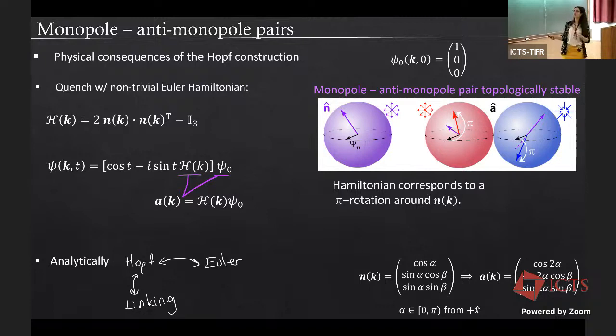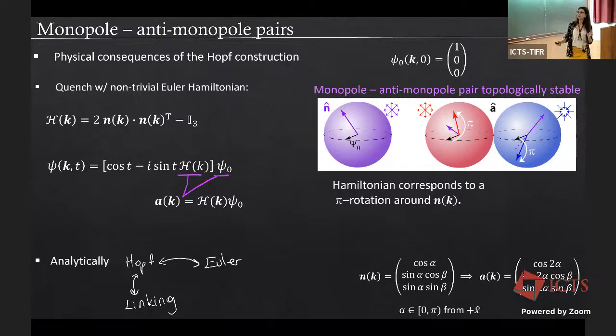When I quench it, this state is going to start evolving around this vector. So if this is the x-axis, and I am in the positive x hemisphere, this rotation is counterclockwise. And if I am on the other side of the sphere, it's going to rotate anticlockwise. So two sides of the sphere are going to rotate differently.